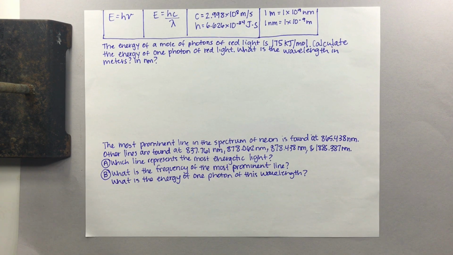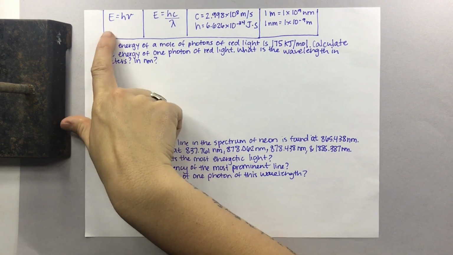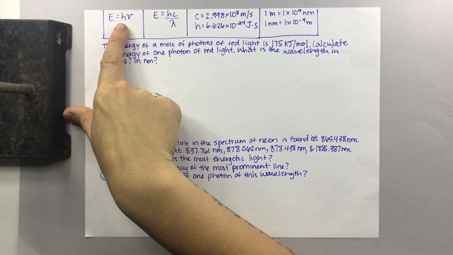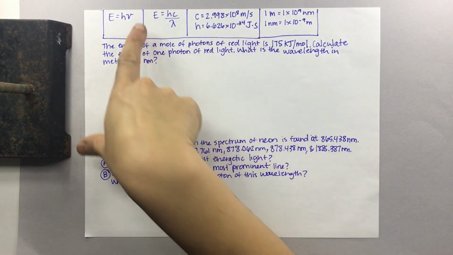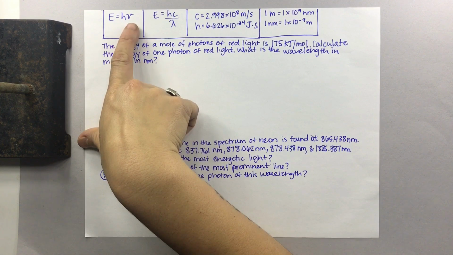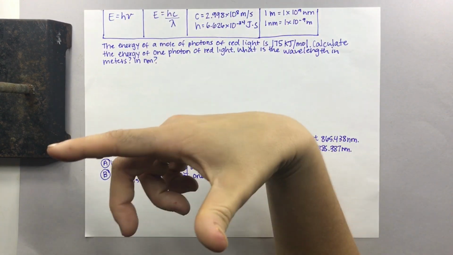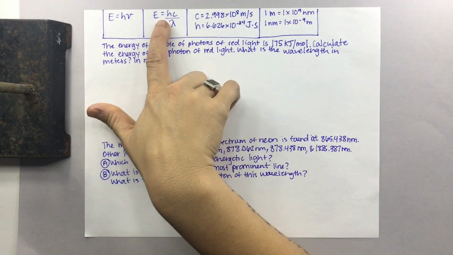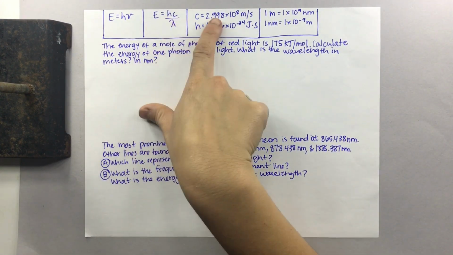Let's look at some of these formulas up here. Energy is equal to h, remember, Planck's constant, provided right here in joules times seconds, times the frequency. We can also use this particular equation: energy is equal to Planck's constant times c, the speed of light.